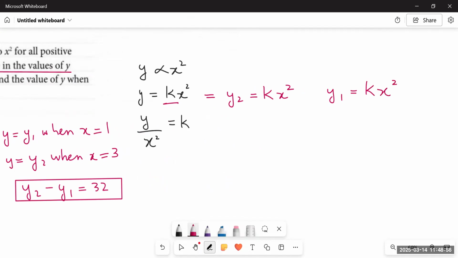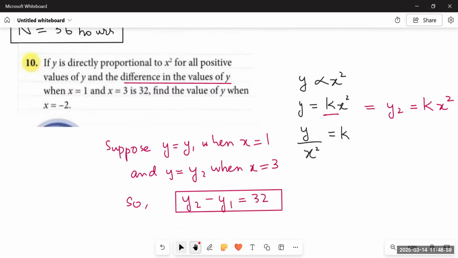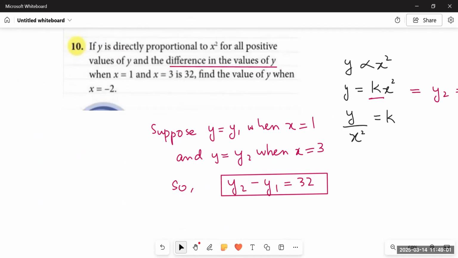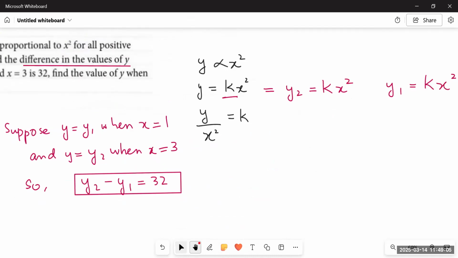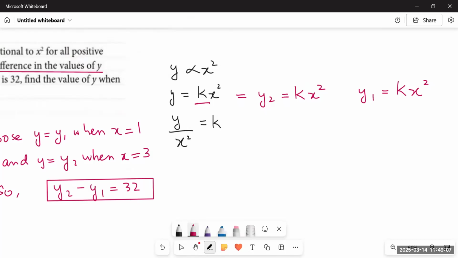But in y1, what do we have to take? y is equal to y1 when x is equal to 1. So what are we going to do? We will substitute the value of x as 1 over here because we have taken y1 over here. We have to take these two corresponding values together.